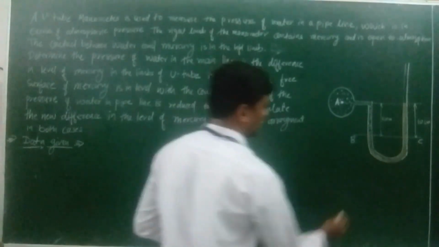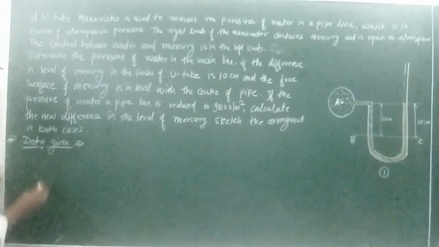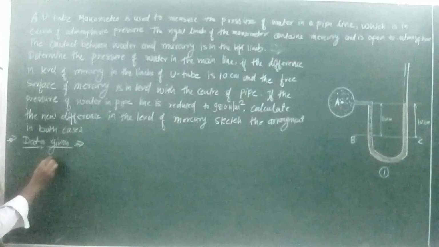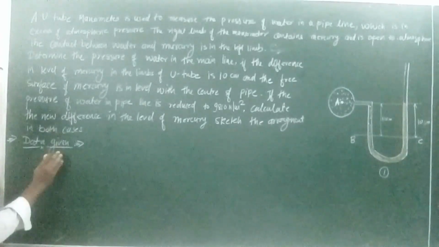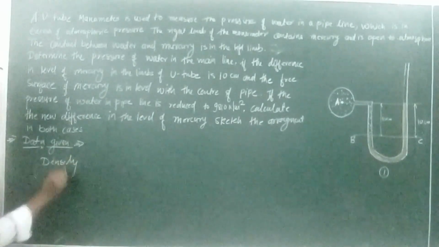So this is the diagram for the first case. What is given? The specific gravity of water, or we can say density of the water. This is the given data.